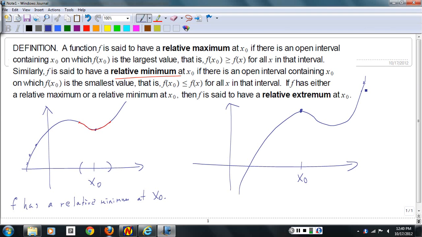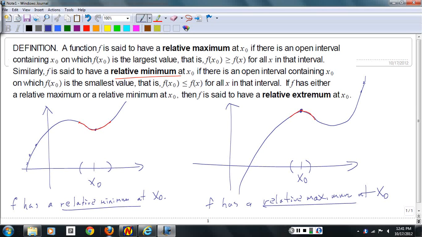There are higher points on the graph. But if there exists an open interval containing x sub 0 such that if we restrict the function just to that open interval, f of x sub 0 is the absolute maximum value of the function on that open interval, then f has a relative maximum at x sub 0.